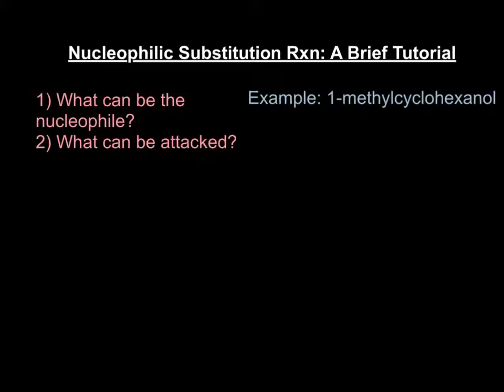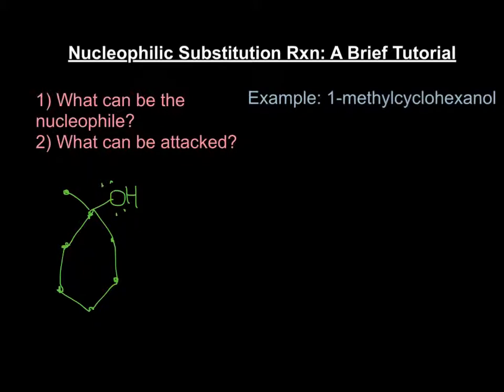So first, let's draw the compound in question. So we have to have a cyclohexane. And it should be noted that in a future chapter, we're going to learn that this mechanism is true for tertiary alcohols, but primary alcohols undergo a different reaction mechanism.